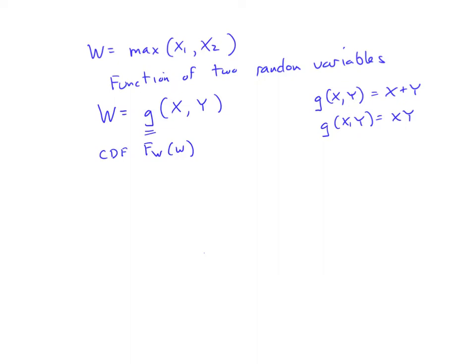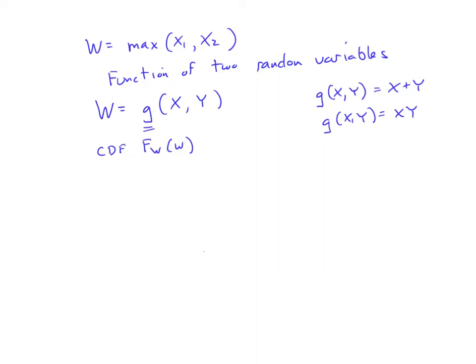And in that case, you're better off thinking first about, when you want to describe this random variable, finding the expected value. And so the expected value of a function of a pair of random variables is really the subject of this lecture.